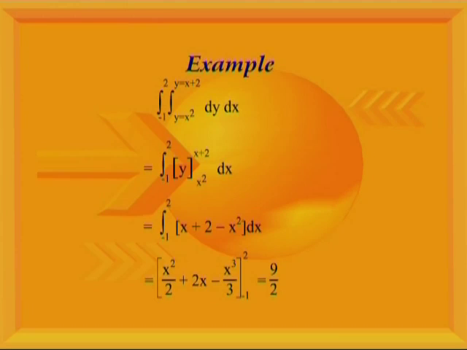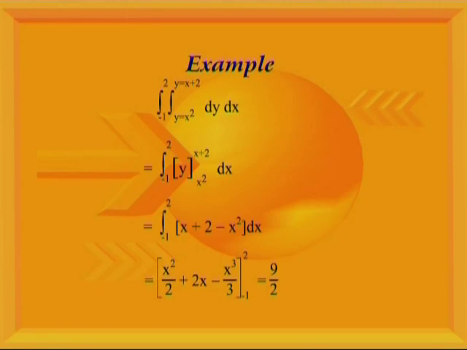So we integrate x plus 2 minus x square with respect to x, and that is equal to x square over 2 plus 2x minus x cube over 3, limits from x is equal to minus 1 to x is equal to 2.